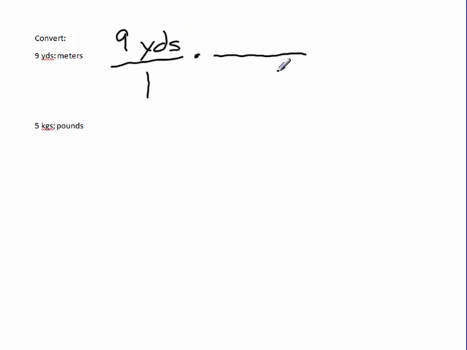I want to cancel yards, so I need to have yards down here and meters on top. Again, here M stands for meters. Well, how many meters in a yard? That is a great question. I know that there are 1.09 yards for every 1 meter.